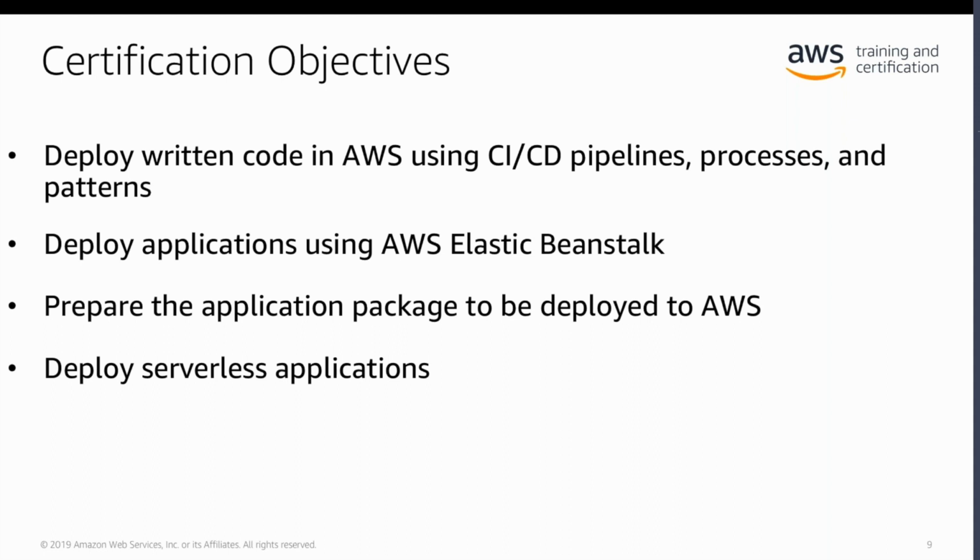We're going to look at tools like AWS Elastic Beanstalk. So we need to know how to deploy applications using AWS Elastic Beanstalk, and how Elastic Beanstalk might go about actually doing different types of code deployments, how to prepare the application and package it to be deployed to AWS, as well as looking at ways to deploy serverless applications on AWS itself.